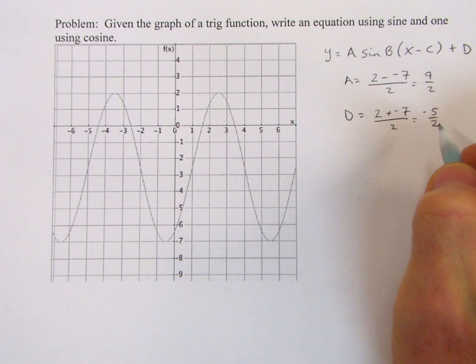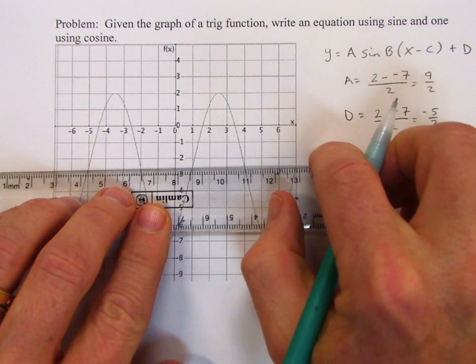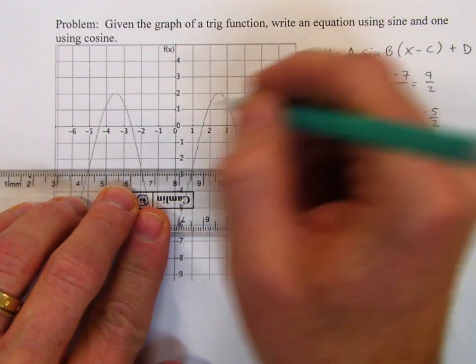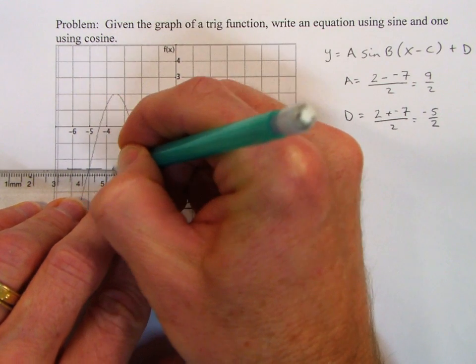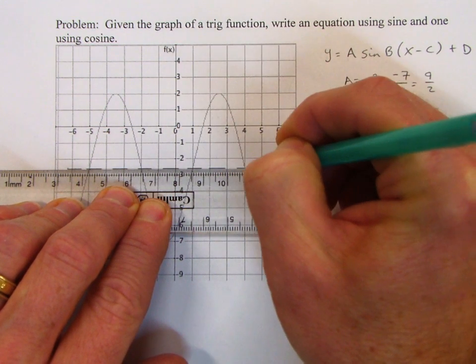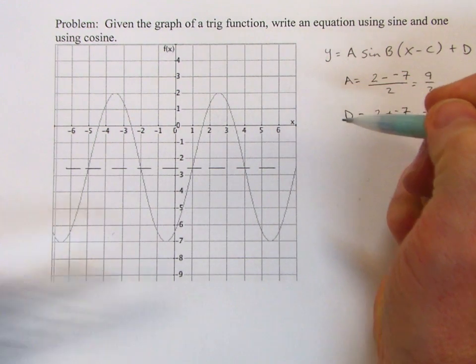So if we draw a line at -5/2 here, -2.5, that will be our center line, our midline. That is like the x-axis was before.